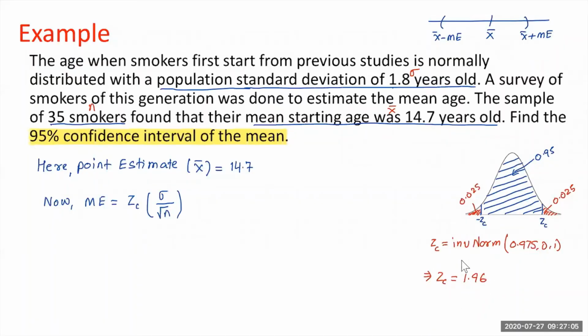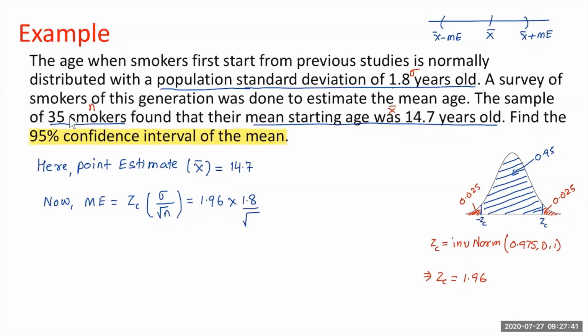We need this, and we were calculating this because we were about to calculate the margin of error, and we don't have that value. That's why we did all this calculation to get this value Z sub C. So let's substitute here. Z sub C, we just got 1.96, then multiply by the population standard deviation, which is 1.8, and divide that by the square root of n.